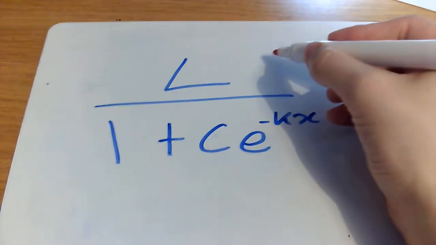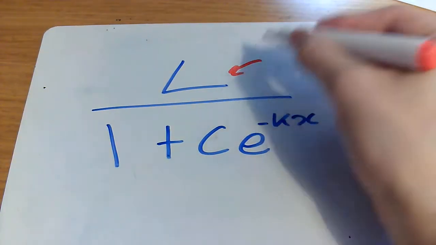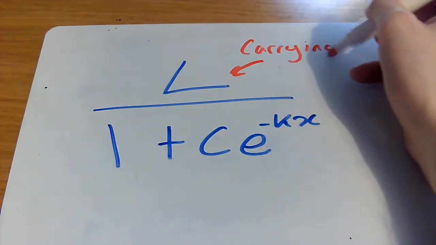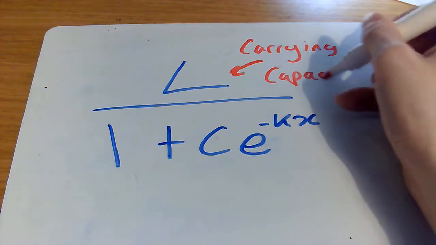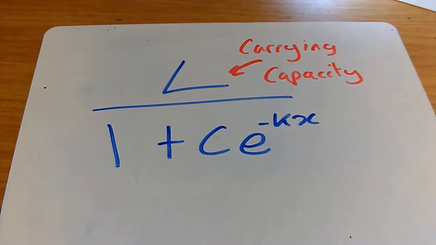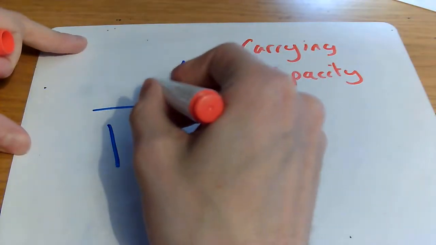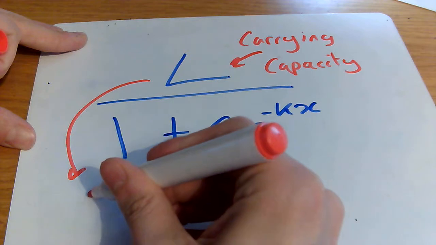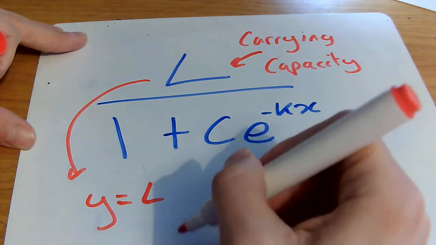Now the L is what we call the carrying capacity. But that just means the upper limit, basically. And whatever L is, it will produce a horizontal asymptote at that value for Y.